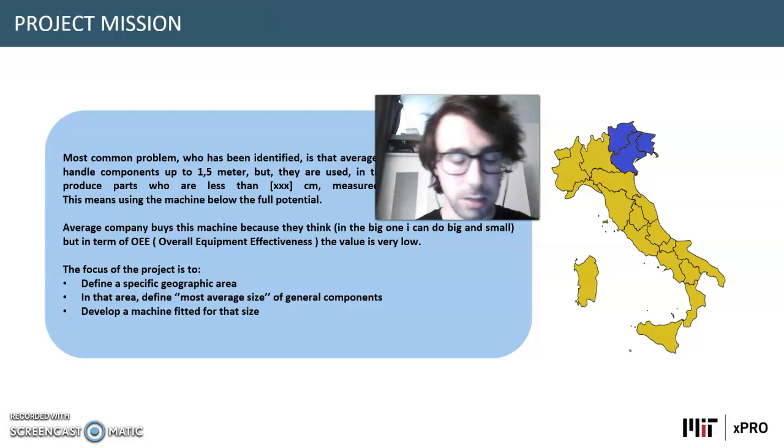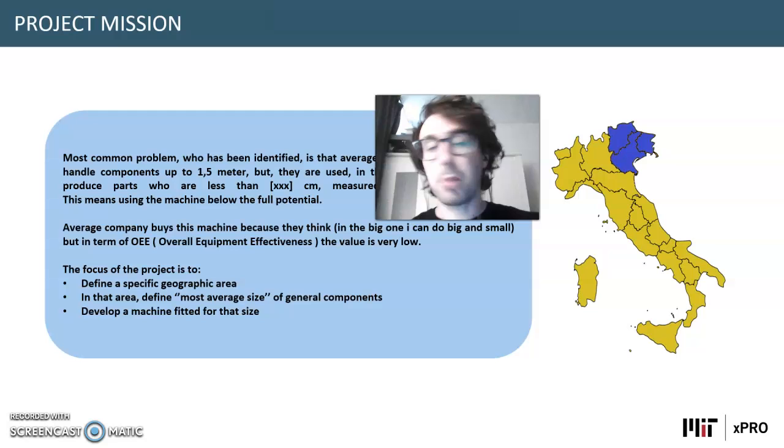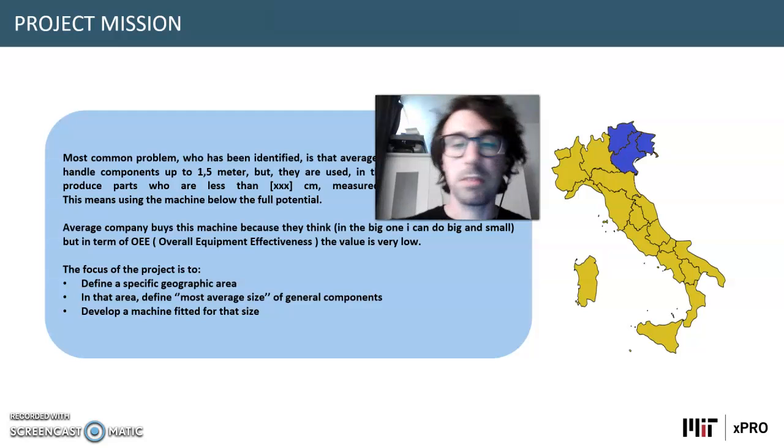Our mission is to identify a geographic area. In that geographic area, to identify the most common size of component that is produced. For example, 80% of components are below 50 centimeters. Okay, our target is 50 centimeters. Why this? Because most companies use a 3-meter machine to produce 10 centimeter components for 80% of working hours.